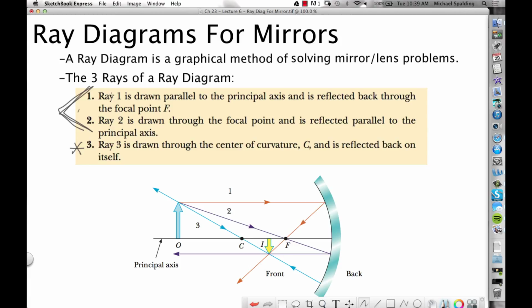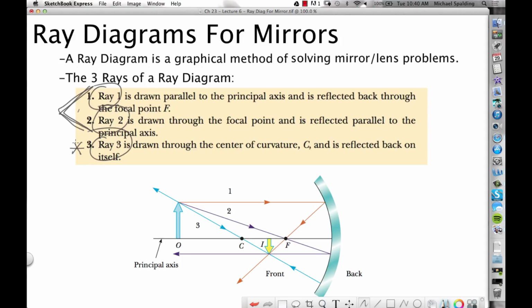Oh, and actually I forgot to mention one other thing. Kids often think that in real life light rays do this. Like the three light rays get together and they're like, okay, so you be ray number 1, you be ray number 2, and then I'll be ray number 3. Ready, set. Do light rays actually do that? No, they don't. These three rays are a tool that somebody very smart came up with.